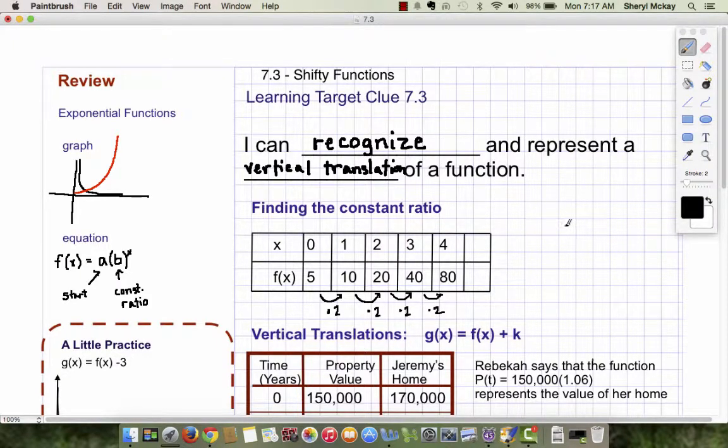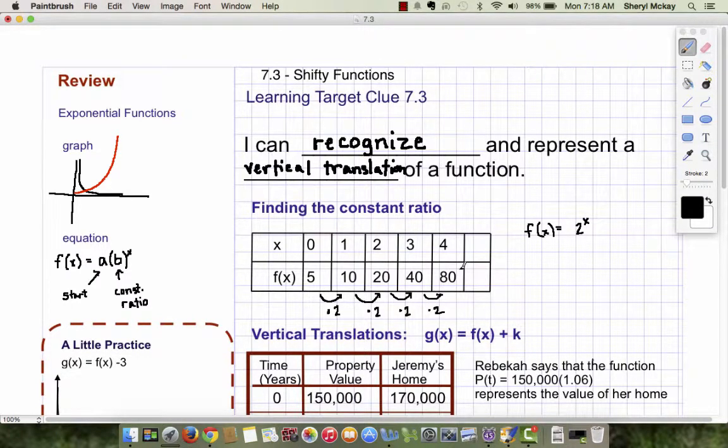So if I was going to write this as an equation, I would say f of x is equal to 2 to the power of x, because each time I multiplied by 2, or I had my power be x.